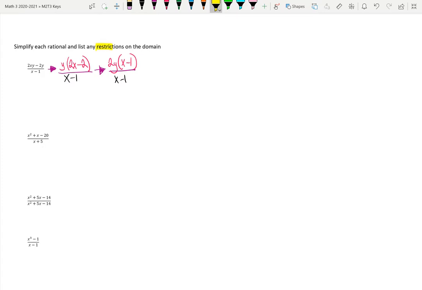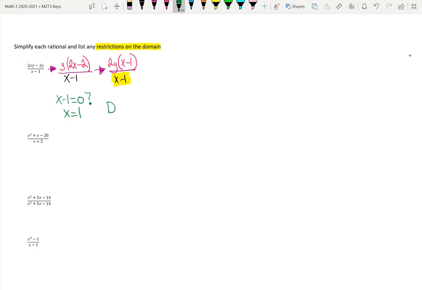For restrictions on the domain, we look at the denominator. I see x minus 1. You have to ask yourself, when does the denominator equal 0? Well, when x is 1, it equals 0.